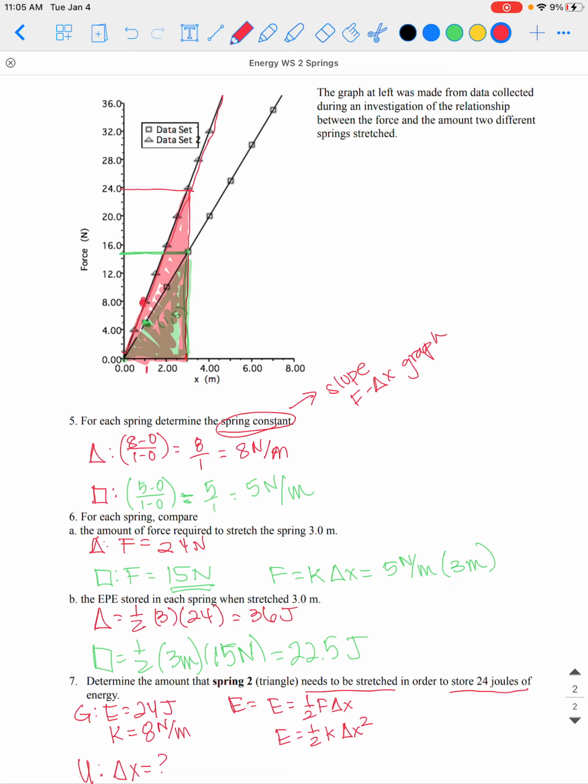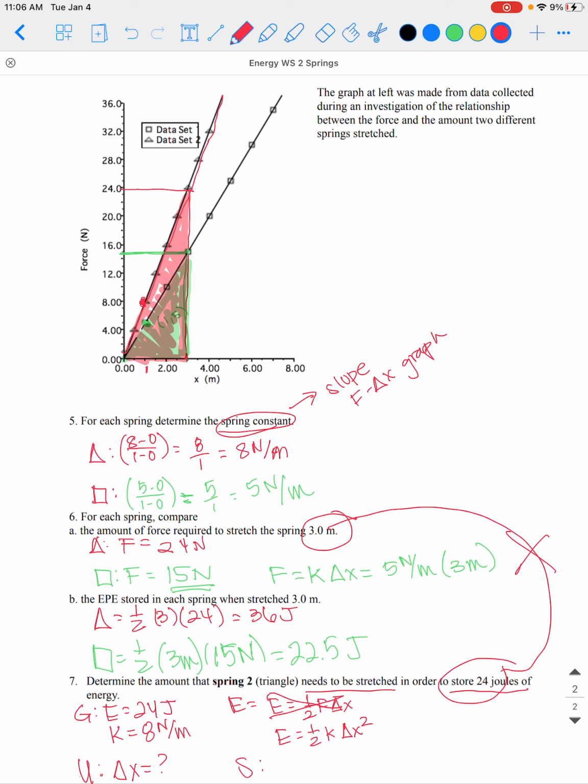We only know the force when it is stretched 3 meters from question number 6a. The 24 joules is not the same distance as 3 meters. So we can't use this force as part of this equation. So I'm going to cross off the top because I know that the spring constant, no matter how far it's stretched or no matter how many joules it's holding in energy, is always going to be 8. It's a constant no matter what. So I am going to use this bottom equation to solve.